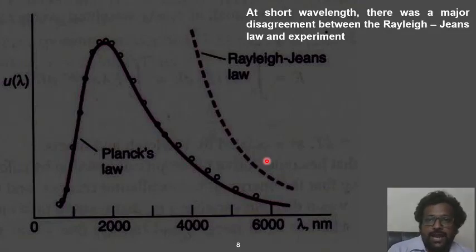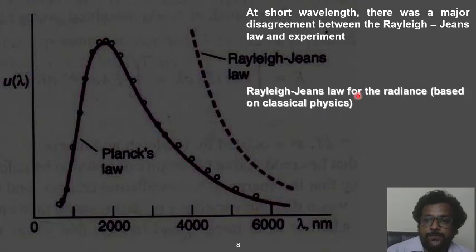At short wavelength, there was a major disagreement between the Rayleigh-Jeans law and experiment. In this figure, up to 2000 nanometer, you can see that there is no matching at all with the Rayleigh-Jeans law classical behavior. So up to this point, there is complete disagreement between the experimental result and the Rayleigh-Jeans law.